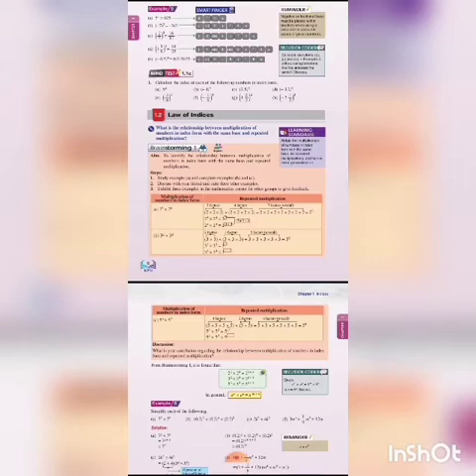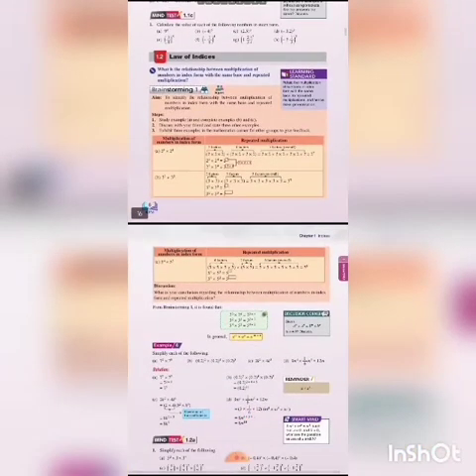Index notation has two parts. We study repeat multiplication. Write the following repeat multiplication in index form a^n, and then convert the numbers or algebraic terms in index form into repeat multiplication.